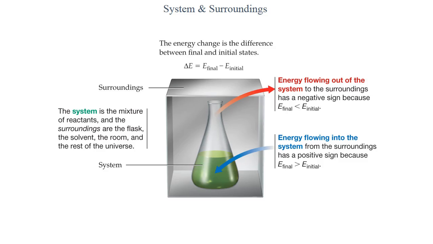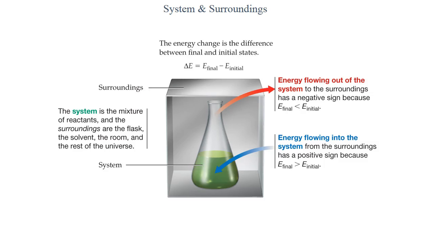Now, another thing that we need to do is define system and surroundings. We're going to look at various reactions going on. If we have a reaction going on inside this flask, the system is usually considered the reaction, and the surroundings are sort of everything else.